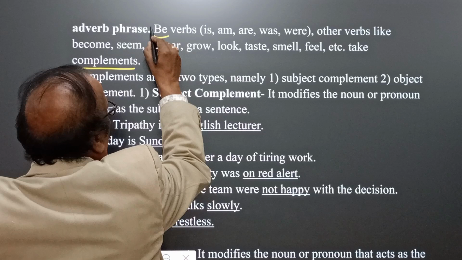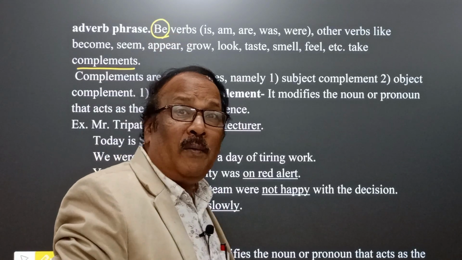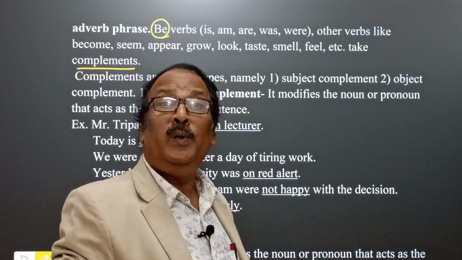Be verbs, as we have discussed, the be verb family, that is be, to be. In the infinitive, be; in simple present, is, am, are; in simple past, was, were; in past participle, been; and in present participle, being.